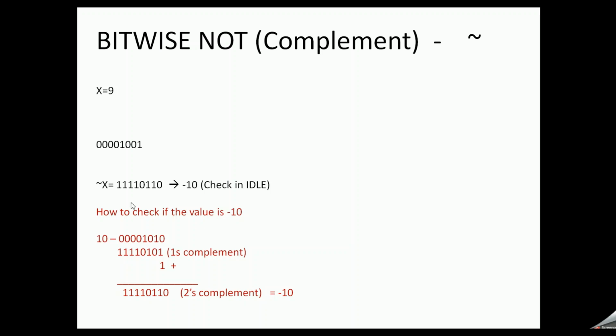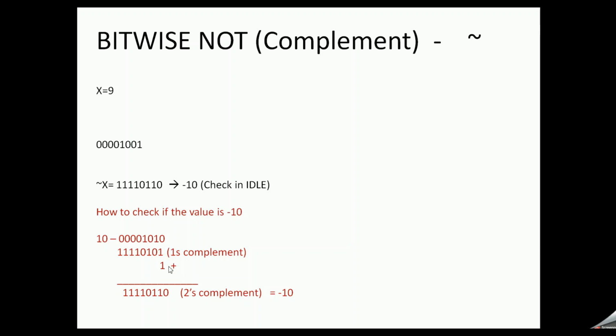So firstly we have to take this 10. Suppose we take 10. So it will be having 0, 0, 0, 0, 1, 0, 1, 0. Now if we do a 1's complement of the number 10, we get 1, 1, 1, 1, 0, 1, 0, 1. So this is 1's complement. To the 1's complement, we have to add 1.